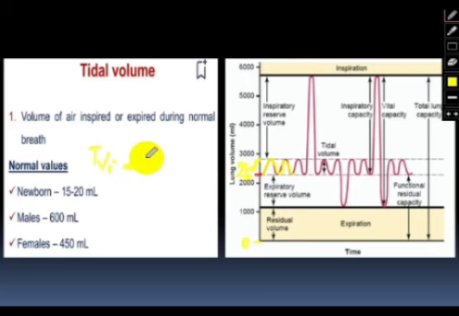So in the actual sense, or mathematically, tidal volume is the difference between tidal volume inspiration and tidal volume expiration. Okay? So what is tidal volume inspiration? 2,700 minus what? 2,200, right?